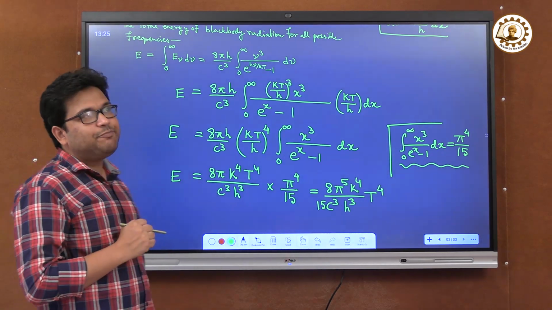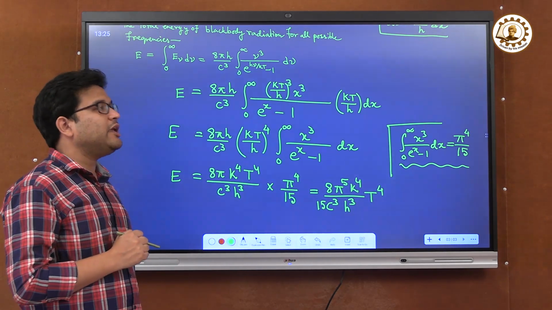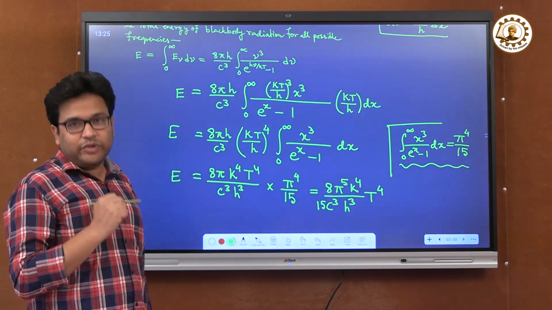Now the total emissive power means the total energy radiated from the blackbody per unit area per unit time.